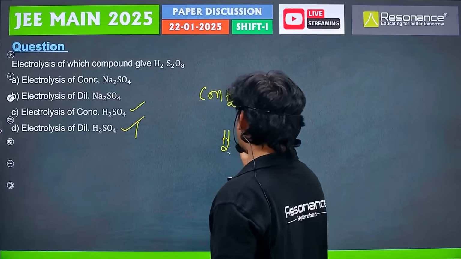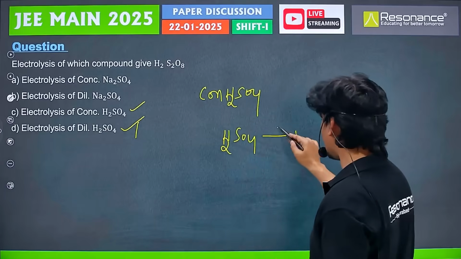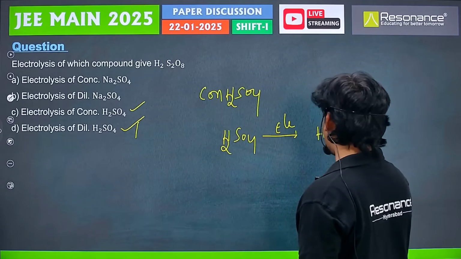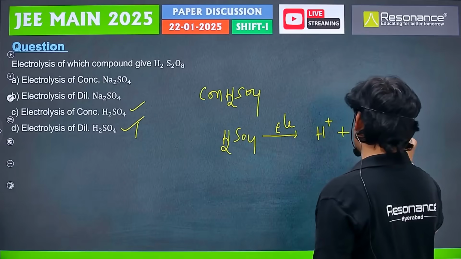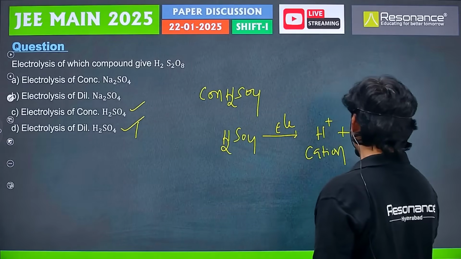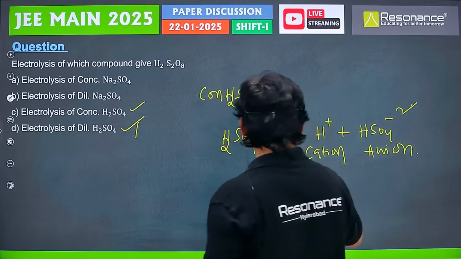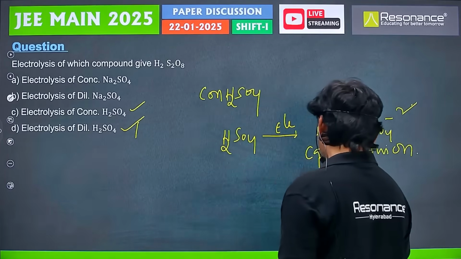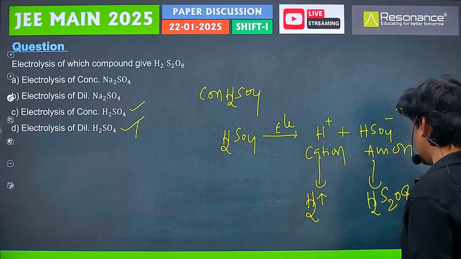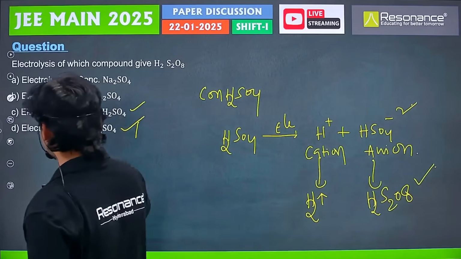Upon electrolysis, it gives H plus and HSO4 minus. The cation moves towards the cathode and the anion moves towards the anode. This one gives hydrogen gas, and this one gives H2S2O8 at the anode. So C is the answer.